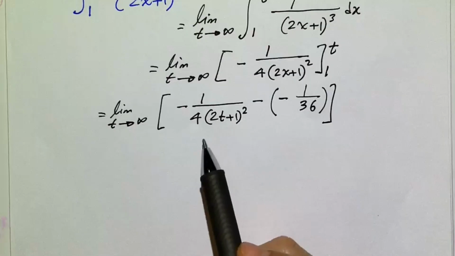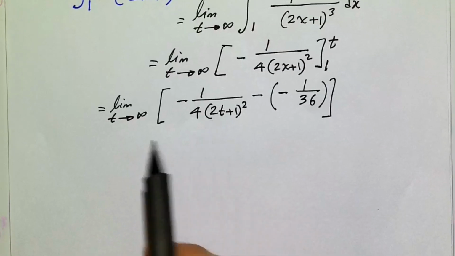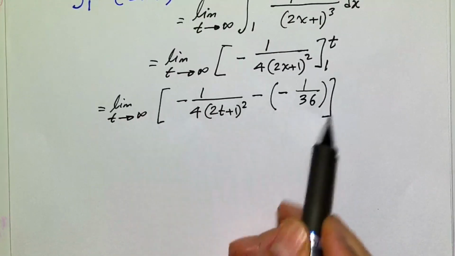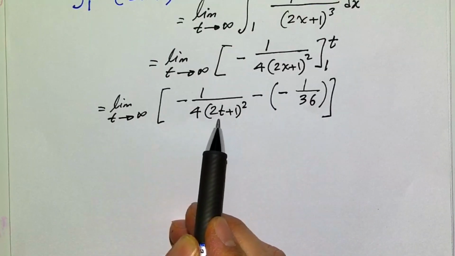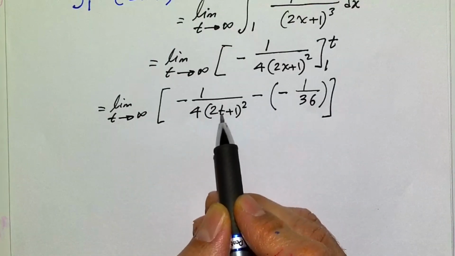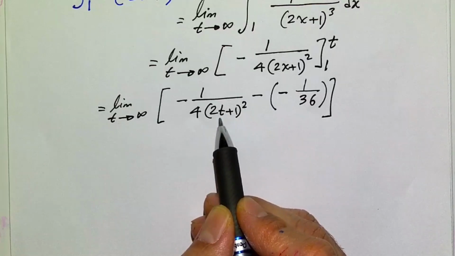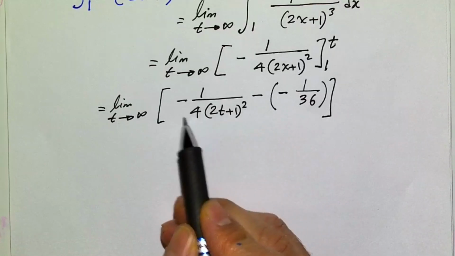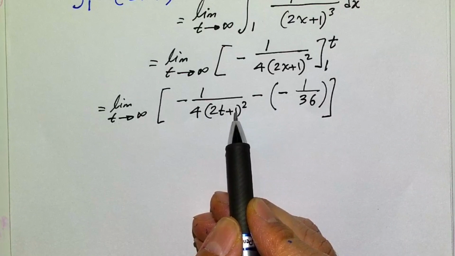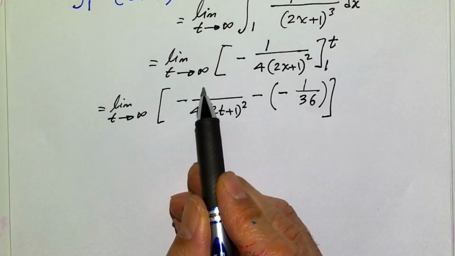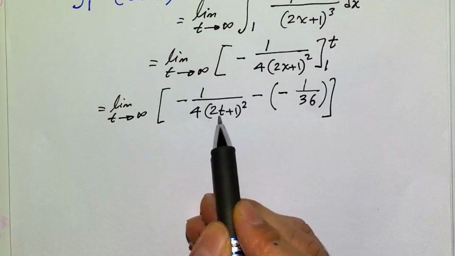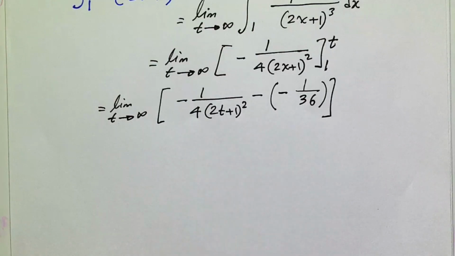Okay, so it's clear that if you now take the limit of this quantity as t goes to infinity, the only place where t appears is right here. So this denominator is going to become very, very large, and minus 1 divided by an infinitely large quantity is just 0.